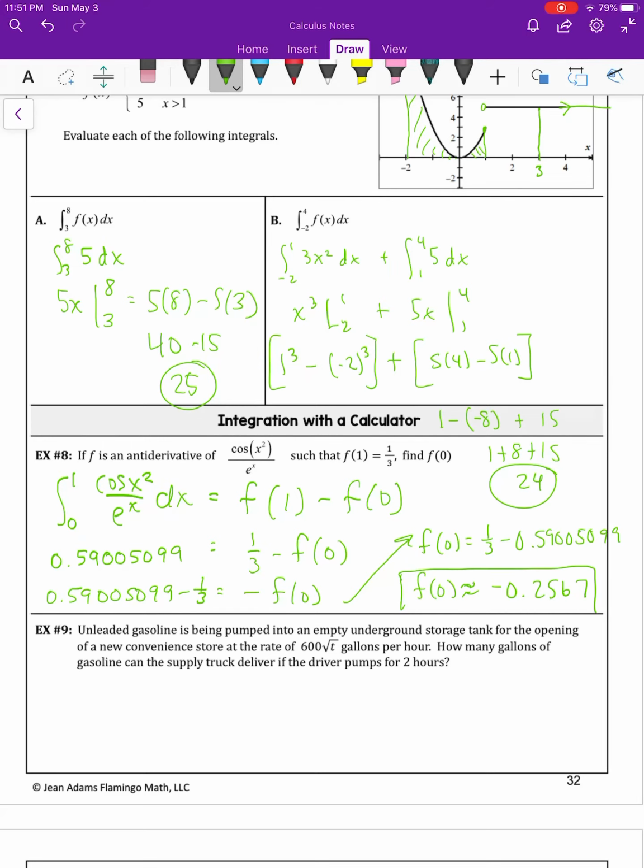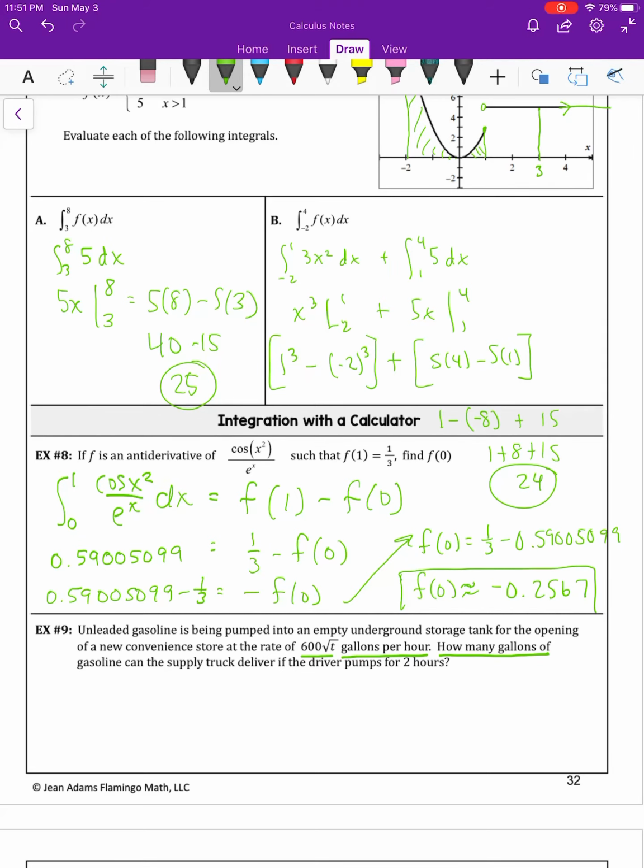So example number 9, unleaded gasoline is being pumped into an empty underground storage tank for the opening of a new convenience store at the rate of 600 times the square root of t gallons per hour. How many gallons of gasoline can the supply truck deliver if the driver pumps for 2 hours? So look, this is gallons per hour. This is a rate function.